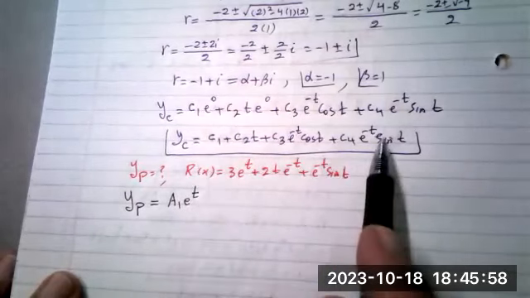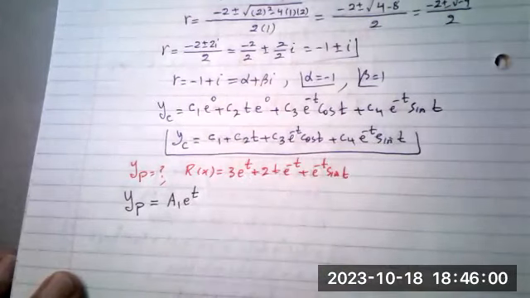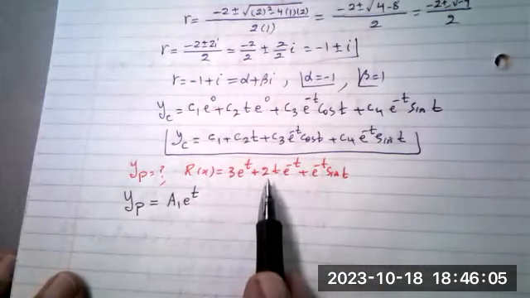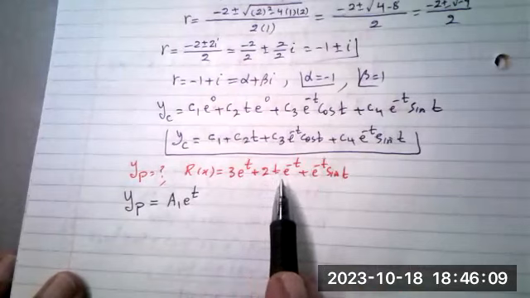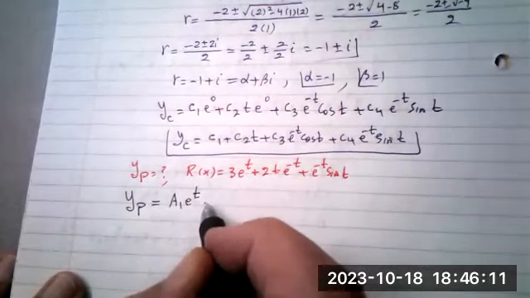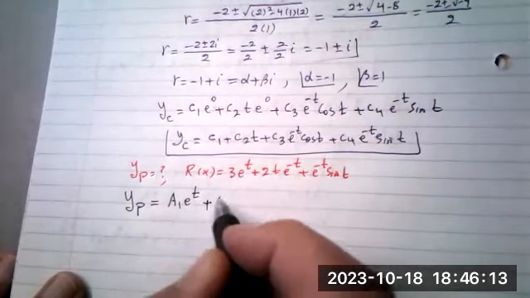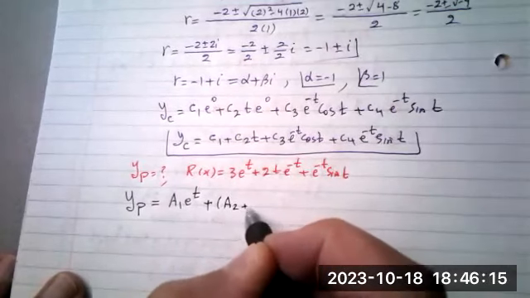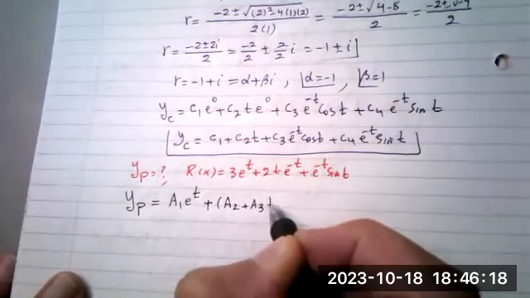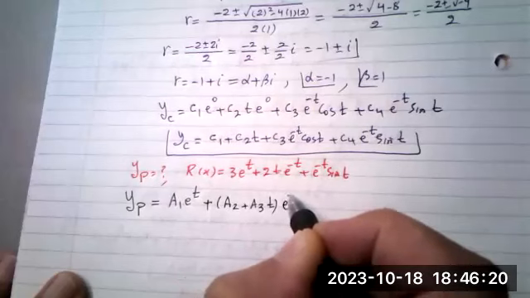There is none here, so we're done with the first one. The second one, you have a polynomial of the first degree, so we get a2 plus a3 t, times e to the -t.